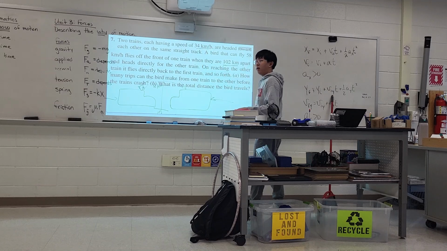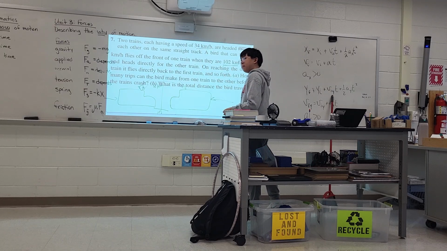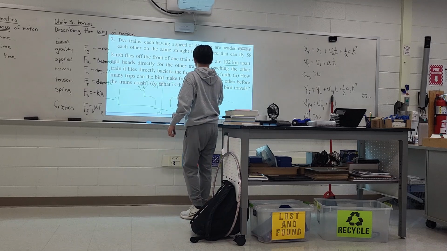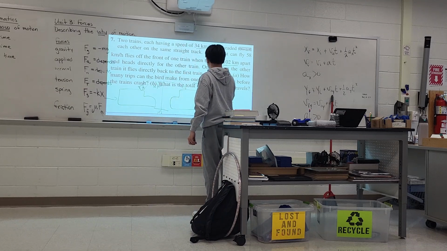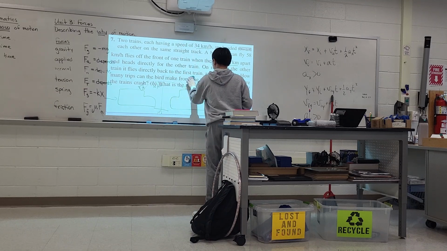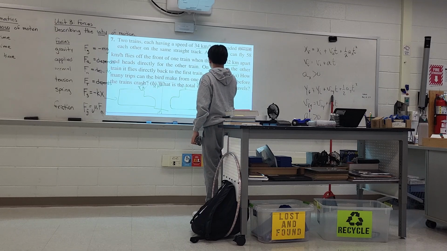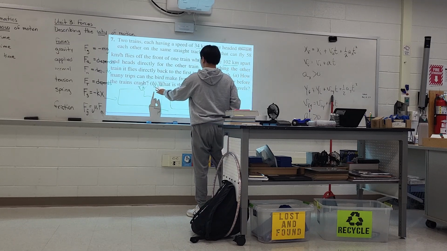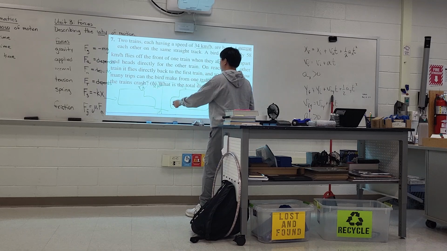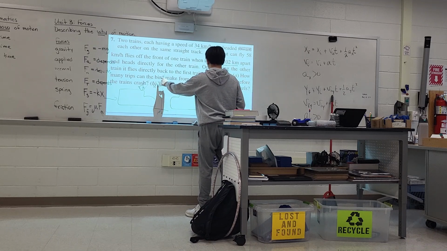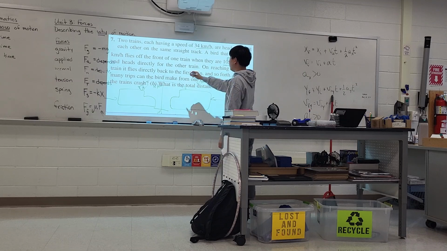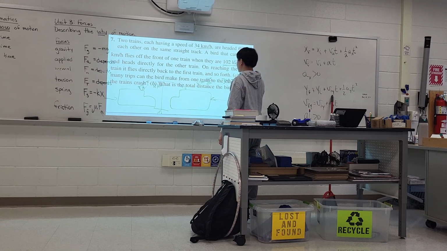34 kilometers per hour. So, using this, we can do velocity equals delta x over delta t. If we know delta x is 51 centimeters, then 34 equals 51 over delta t.